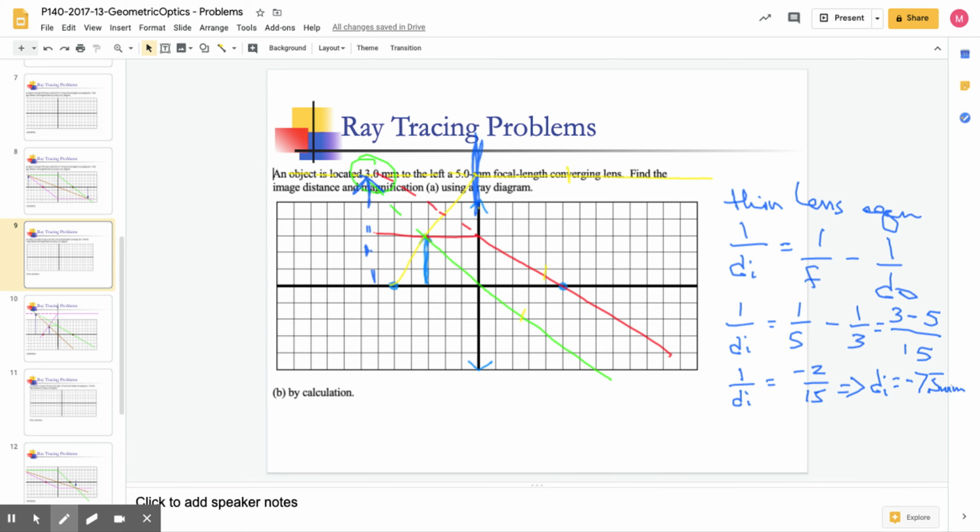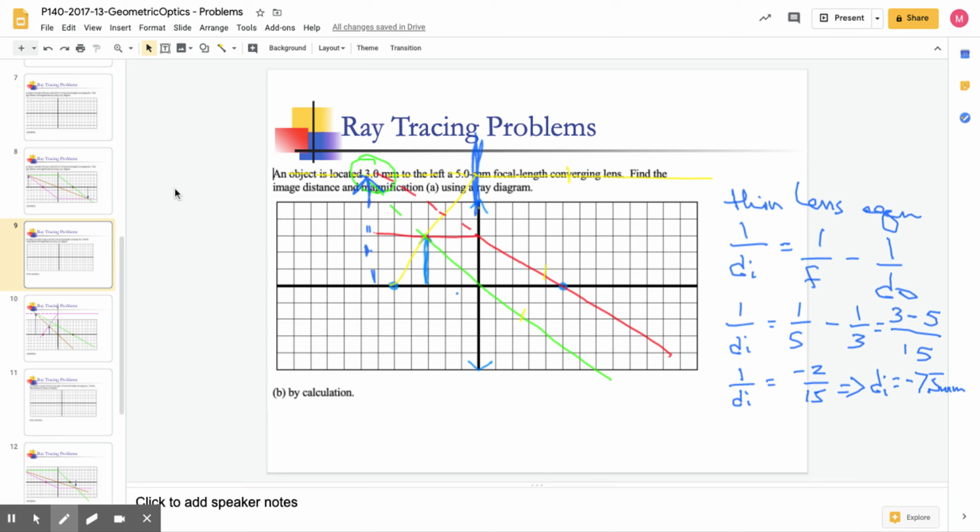Okay, so that was the calculation. Now let's see if that makes sense over here. A positive di is to the right of the lens, and a negative value is to the left of the lens. So that's what we're seeing here. And if I count 1, 2, 3, 4, 5, 6, right here I have 6.5.